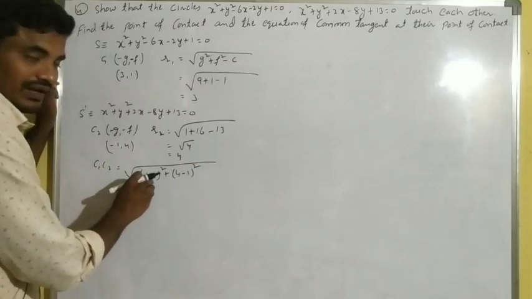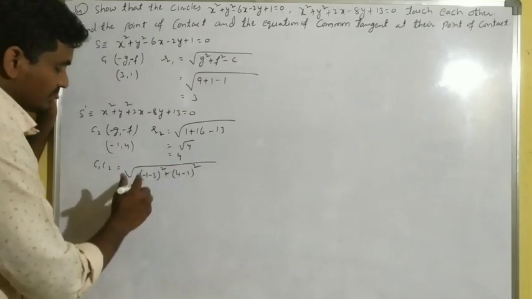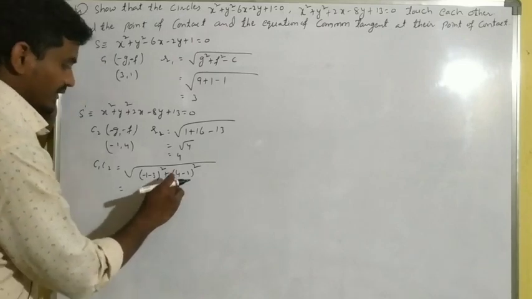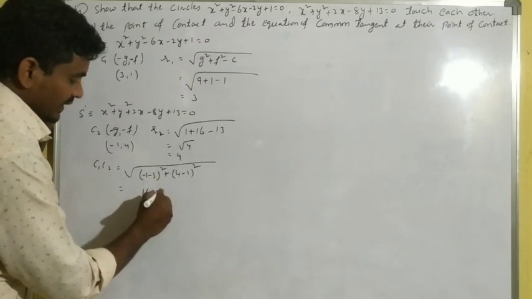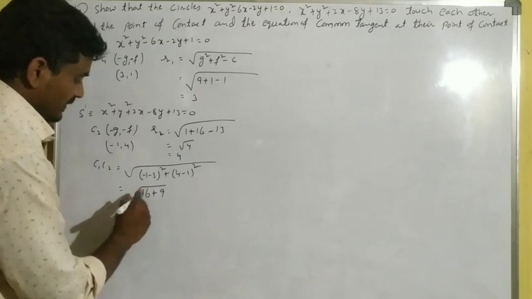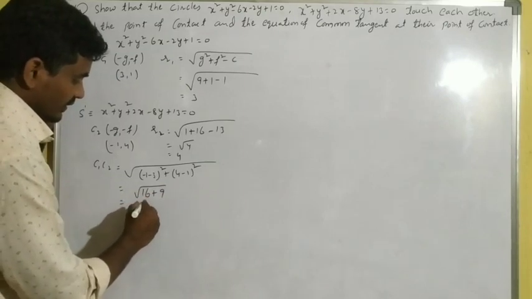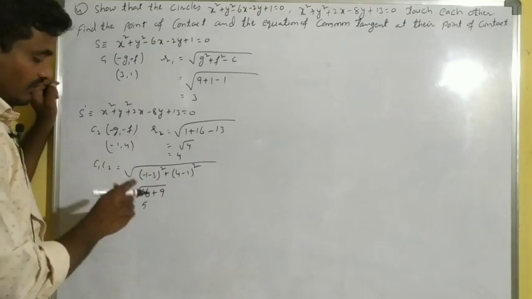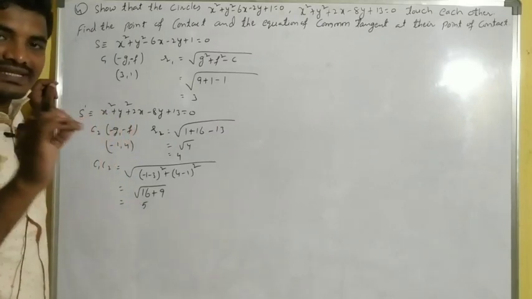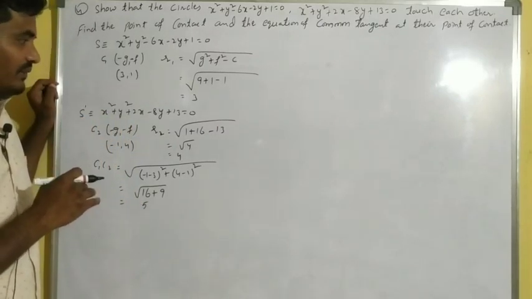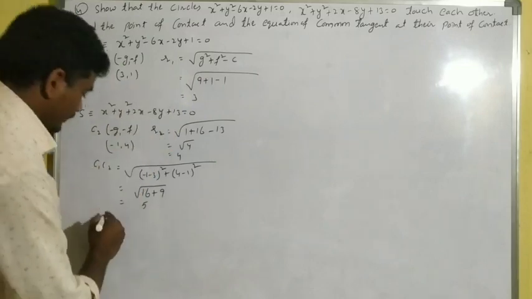Minus 1 minus 3 is minus 4, minus 4 whole square is 16, plus 4 minus 1 is 3, 3 square is 9. Finally this becomes 25, and the square root of 25 is 5. So 5 units we got. The distance between both centers is 5, and here R1 plus R2.